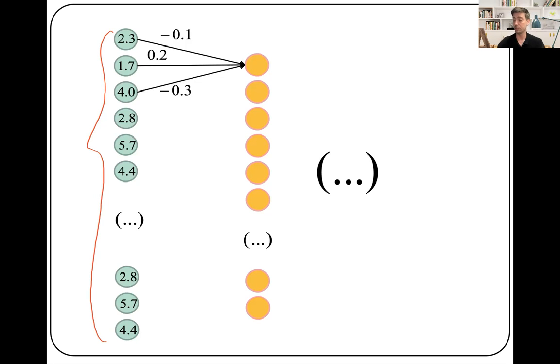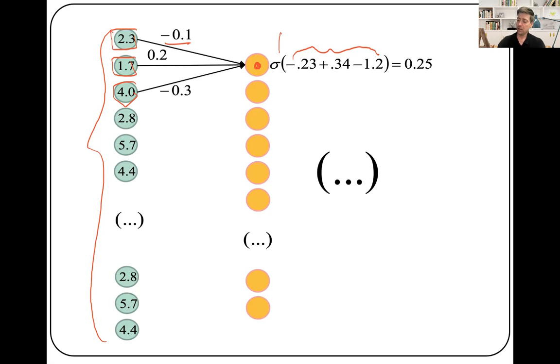So this is basically the values of our convolutional filter. We're going to apply a convolutional operation, which means that at every position, we're simply going to multiply each connected neuron with its corresponding weight. So we're going to multiply 2.3 with minus 0.1, 1.7 with 0.2, etc. This is what we have here.